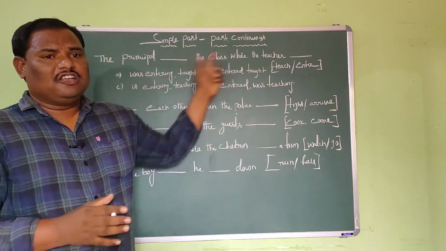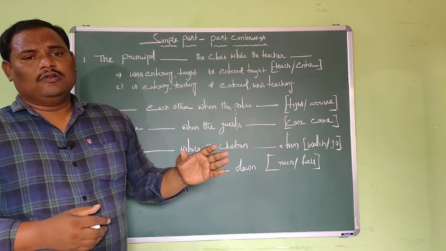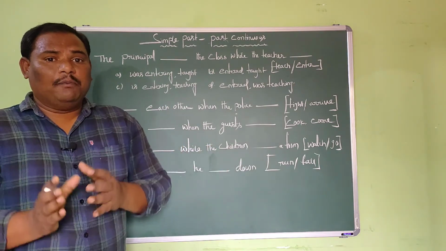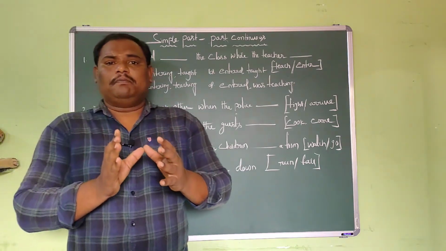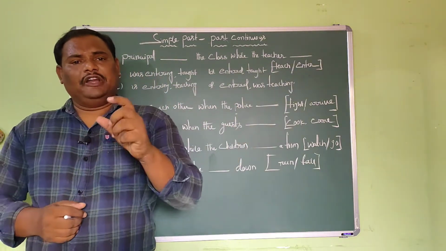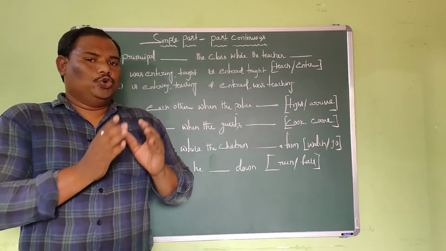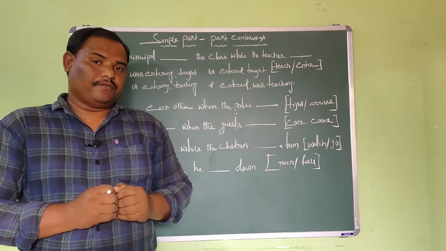If you want to fill these blanks with the appropriate verbal form, we should know how to use the combination of simple past and past continuous. Dear friends, we know very well, simple past is used to describe finished actions whose time is clearly mentioned.